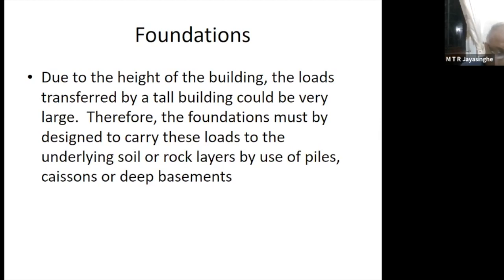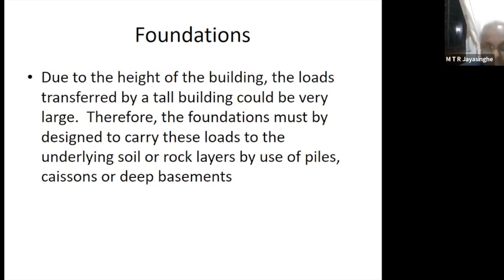But in Colombo, you'll find there are many buildings having so many piles and having a 3 meter thick raft, cast by taking enormous amount of trouble to control the temperature, to ensure that delayed ettringite formation will not occur.